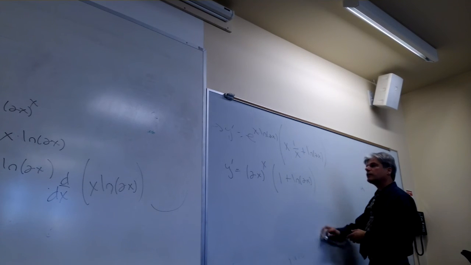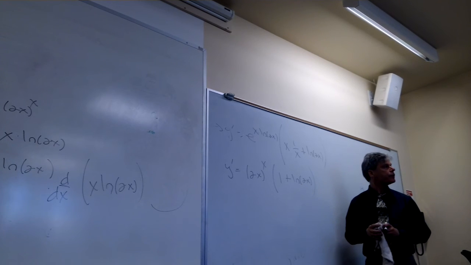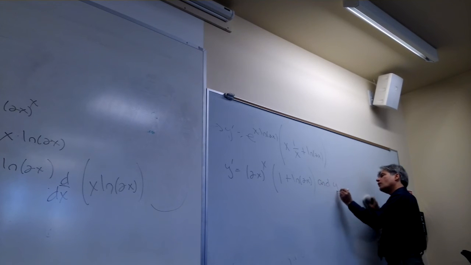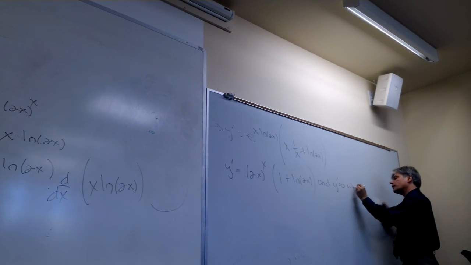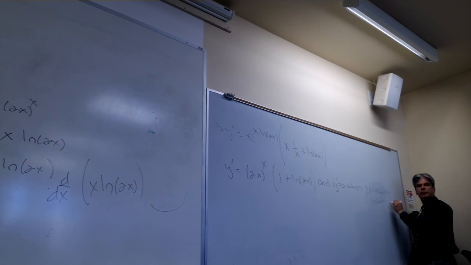I think the only thing you and I need to worry about is when this factor is undefined or equal to 0. y prime is equal to 0 simply when the second factor equals 0. Or shall I say the natural log of 2x is equal to -1? Or 2x is equal to e to the -1? Or x is equal to 1 over 2e?